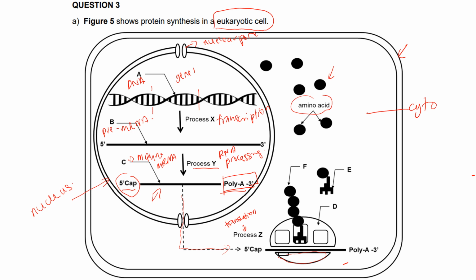After that, the large subunit of the ribosome will come and form the translation initiation complex. Then the process of translation will start, to elongate the polypeptide chain. So basically, F is the growing polypeptide chain.